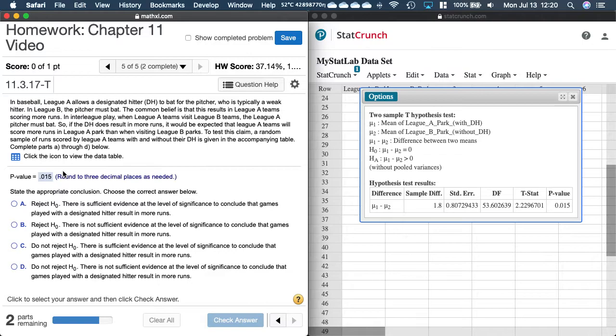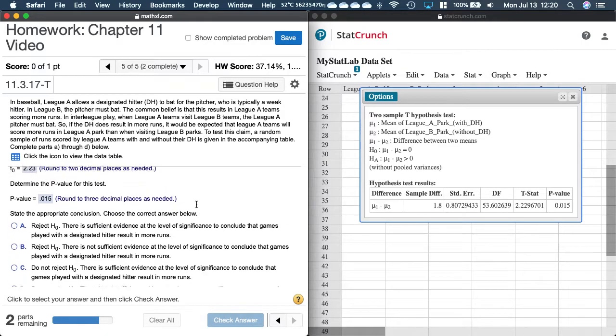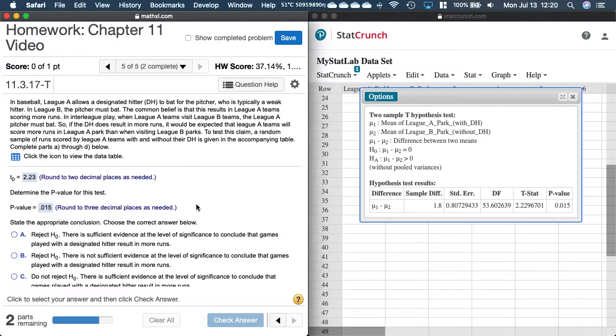So with the small p-value, we will reject the null. Since we reject the null, we have to now choose the right choice. C and D we can eliminate. To reject the null, it says there's sufficient evidence at our level of significance, which is 0.05 or whatever it was.